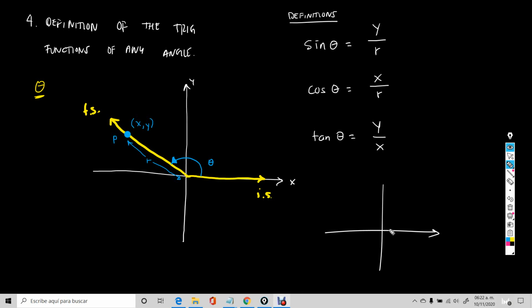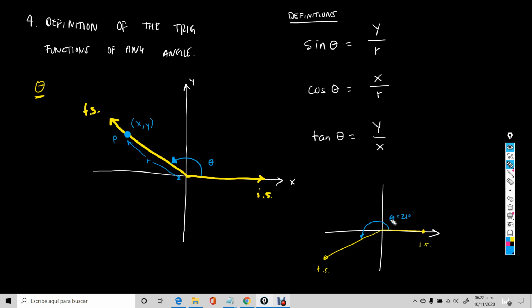Let's suppose 210 degrees is approximately this angle. This is its initial side, and this would be its terminal side approximately, and this is 210 degrees, more or less. Let me call that angle theta, 210 degrees.